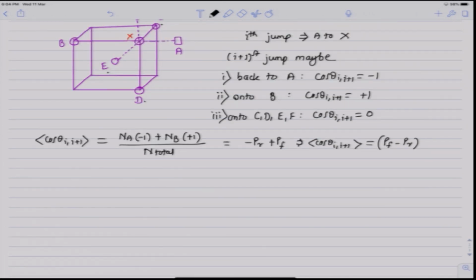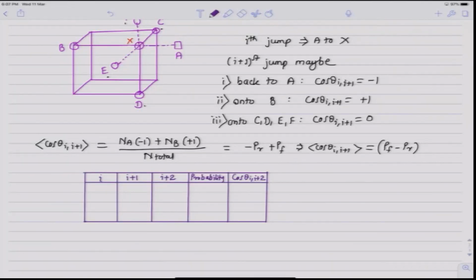Now, let us consider the combination of the ith and i plus second jump. For that, we need to consider all the sequences of i+1 and i+2, because the i+2 jump will depend upon the i+1 as well as the ith jump. So, let us consider this table here. Let us denote the jump of x from left to right by a right arrow and from right to left by a left arrow.